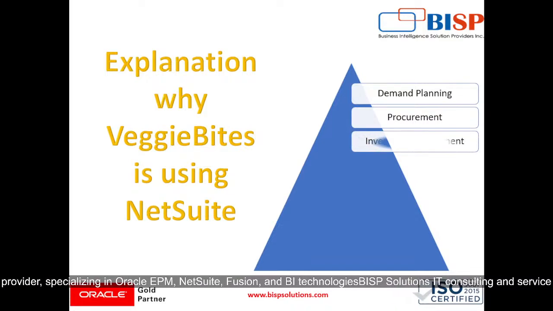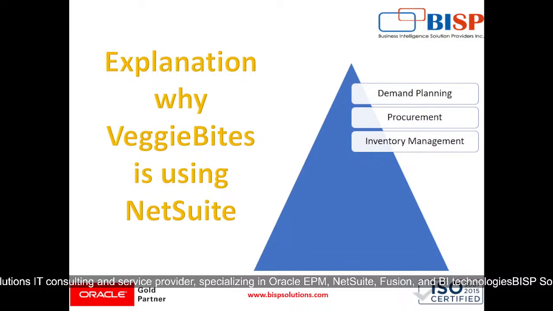Then comes inventory management, where keeping track of stock is done. Veggie needs to know how much raw material and finished goods they have at all times. If they have too much, it takes up space, and if they have too little, they can't fulfill customer orders.